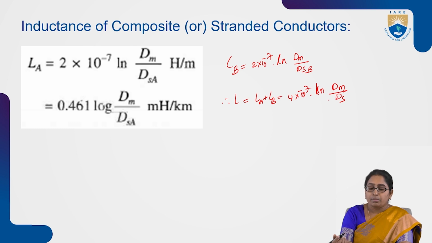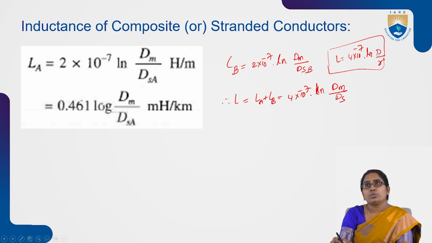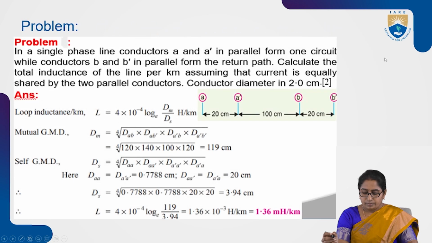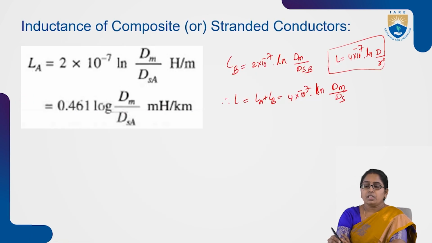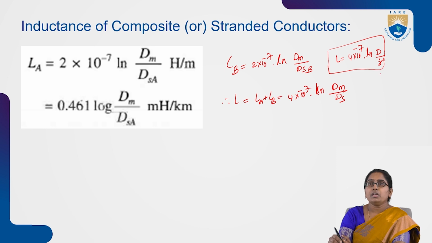If you remember, if the transmission line has single conductors, the inductance is log of D by r dash, where D is the distance between the two conductors and r dash is 0.7788 into r, the radius. That was the previous expression.